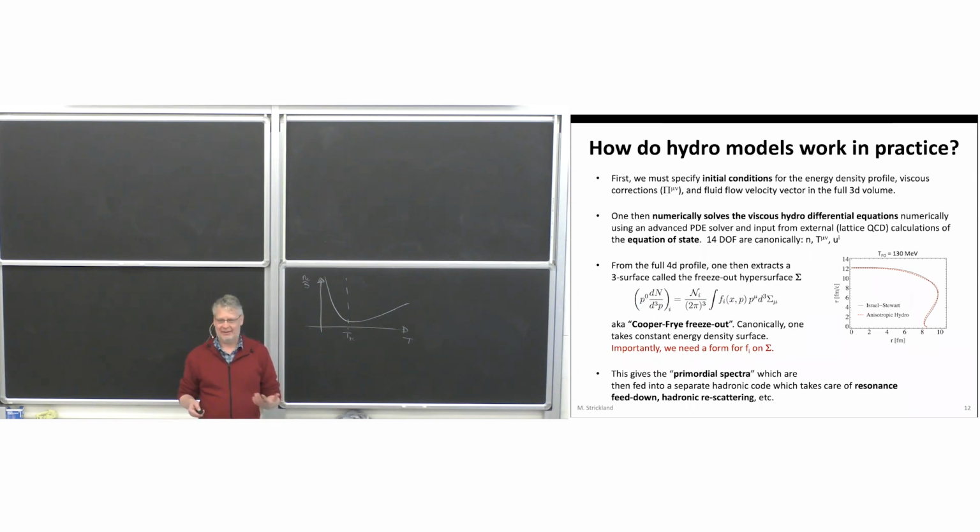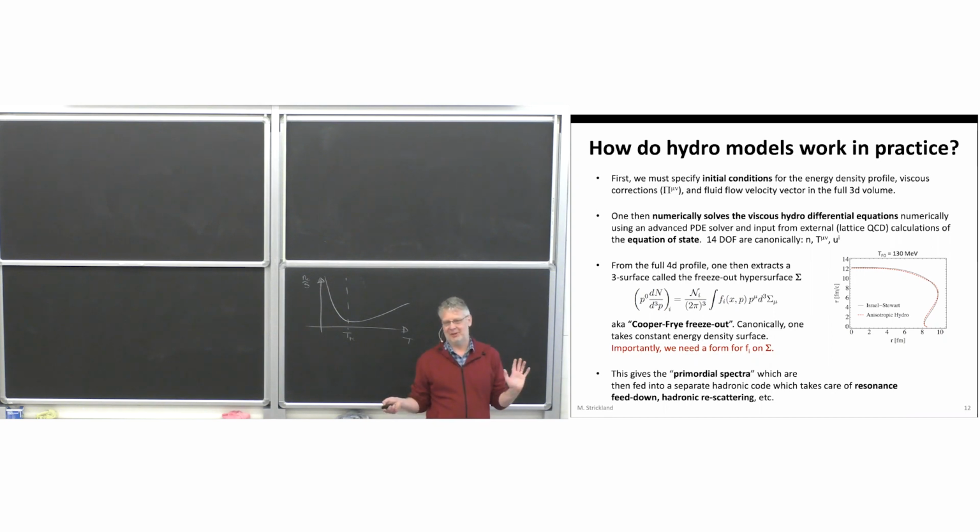It could be quarks, it could be hadrons, it doesn't care. In fact, that's the beauty of hydro. And in fact, the benefit is that you can drive it into the hadron phase from the quark-gluon plasma. And by the time we reach this freeze-out hypersurface, we believe that the fluid's already been reconverted into hadrons. And now all we have to do is sample the hadrons that are flying out.